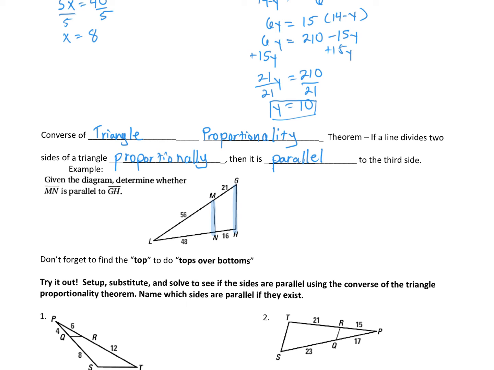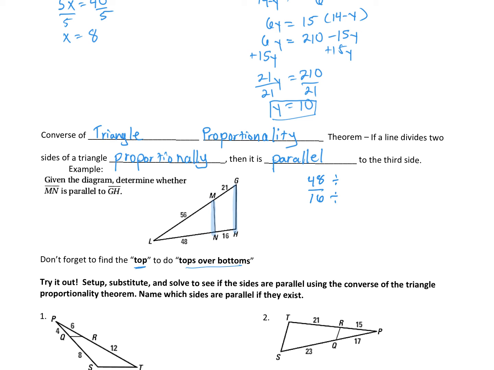So let's set it up. We've got to check to see if it's proportional. Remember, we want the tops over the bottoms. So first, we'll use 48 over 16. Let's check the proportions on that.